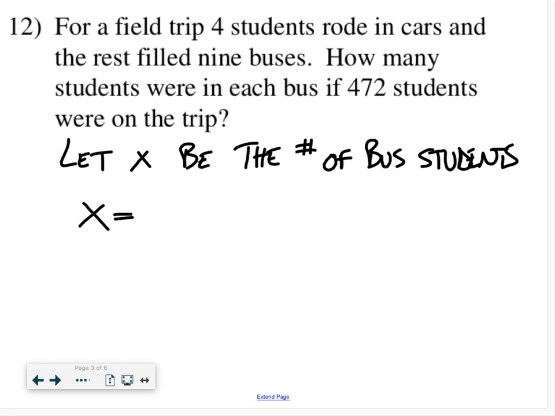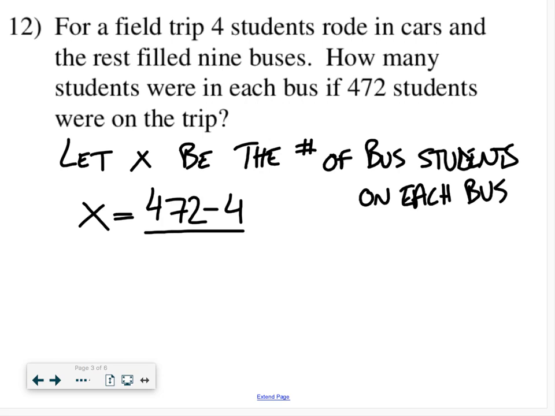This is probably how I would do it: x equals 472 students, but we have to take 4 of them away because 4 of them rode in their cars, divided by, oh, x isn't the number of bus students, it's the number of bus students on each bus.